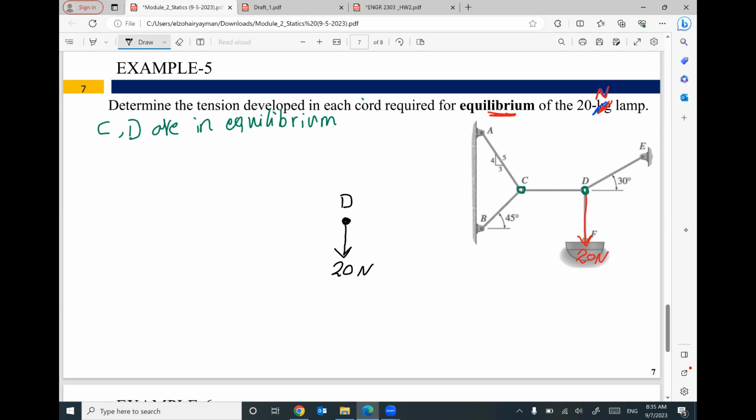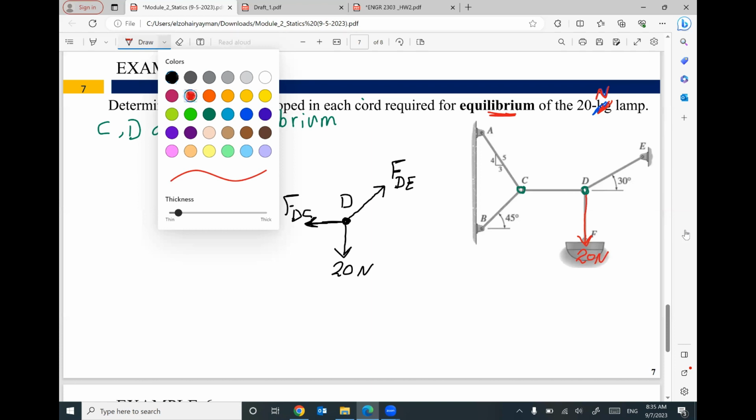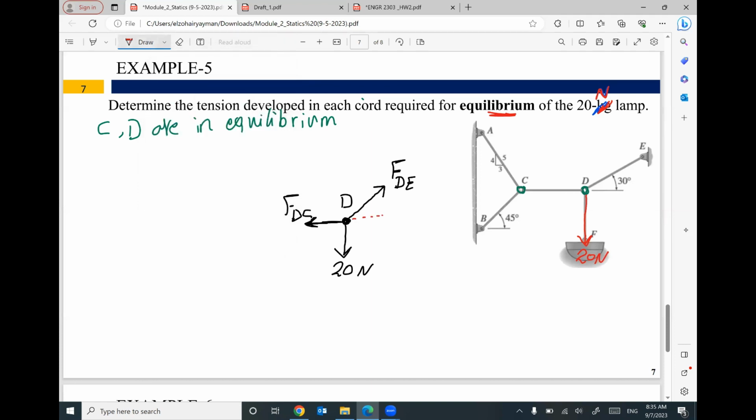Then I have another cable in this direction with a force. This force can be called FDE. I have another cable horizontally with a force equal to FDC. And keep in your mind the force FDE has an angle equal to 30.